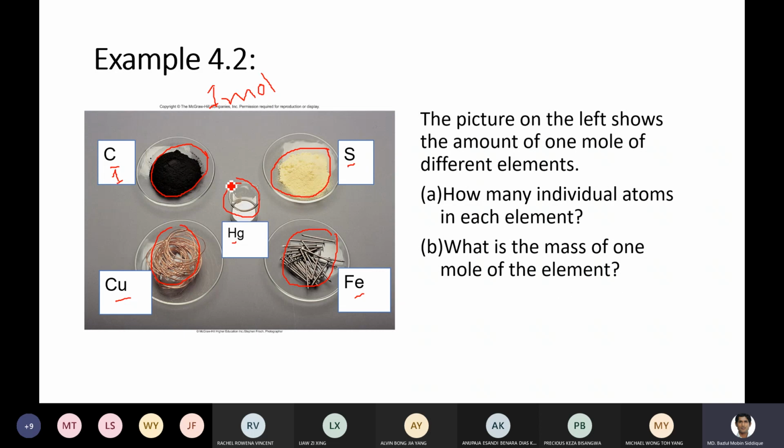So how many atoms will be there? Of course it will be Avogadro's number, right? Avogadro's number of atoms of carbon, Avogadro's number of sulfur, Avogadro's number of copper, Avogadro's number of iron.